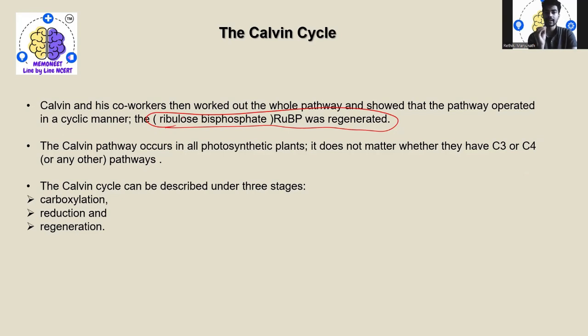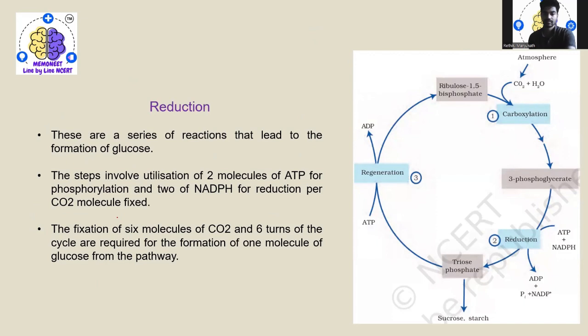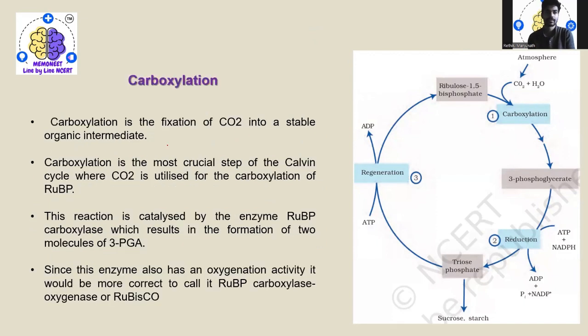Then the Calvin cycle can be described under three stages. One is carboxylation, then reduction, then regeneration. So let us understand the cycle one by one. Coming to the carboxylation, as you can see in the figure here, carboxylation is the fixation of carbon dioxide into a stable organic intermediate.